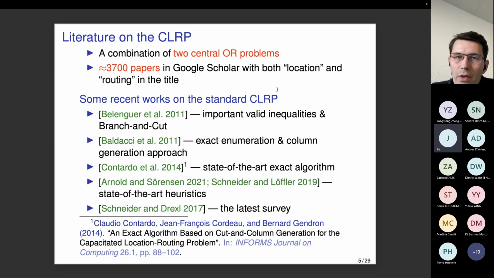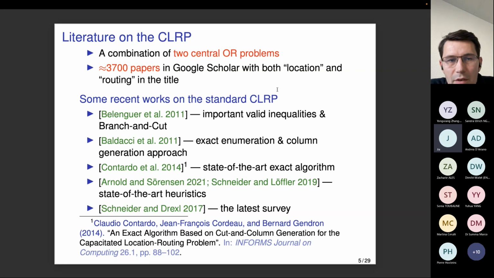We would like to efficiently solve this problem to optimality, and as it is a combination of 2 central problems, any advance in this direction would potentially help a lot of other problems, because there are a lot of generalizations of these basic problems. For example, there are more than 3,000 papers which have both location and routing in the title. Of course, many of them do not consider the classic problem, but if we can solve the classic problem better, probably we can also solve many other problems better too.